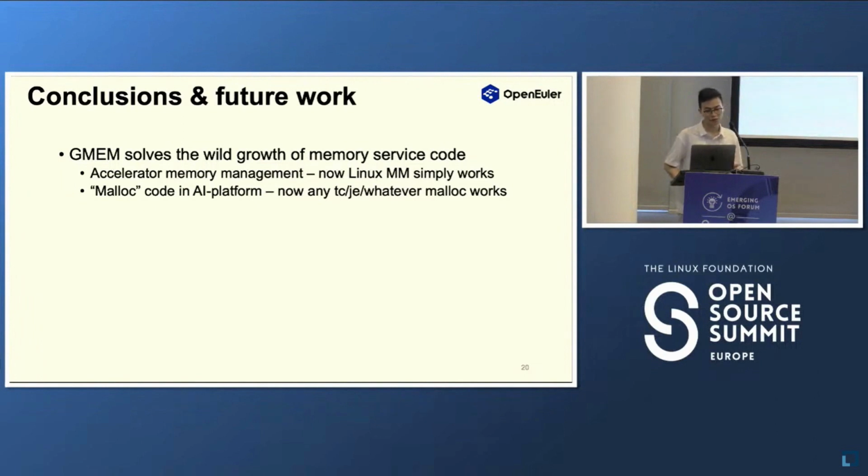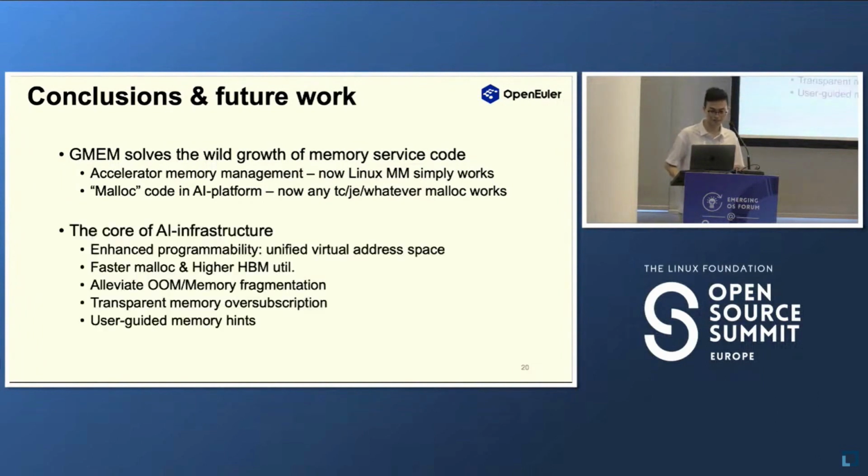So you are free to choose whatever malloc code you want, like tcmalloc or jemalloc. GMEM will be the core of AI infrastructure that enhances programmability with a unified virtual address space, faster malloc speed, better memory fragmentation, and all the other performance improvement techniques.